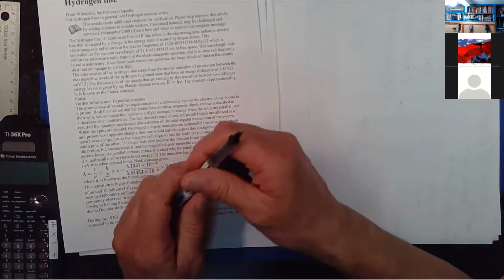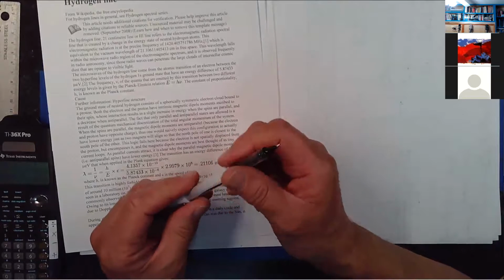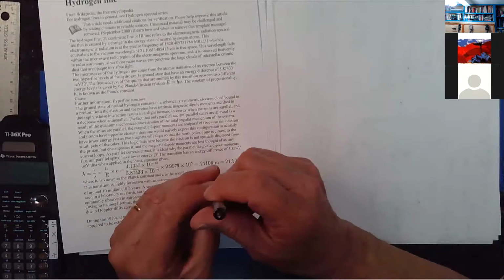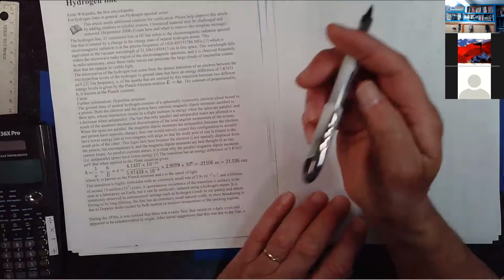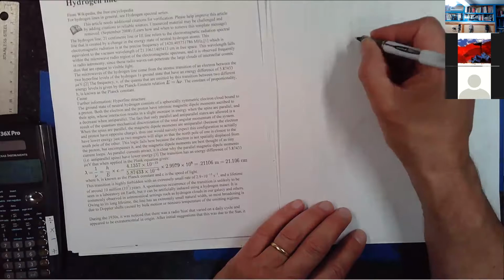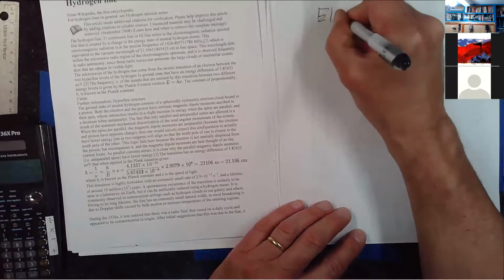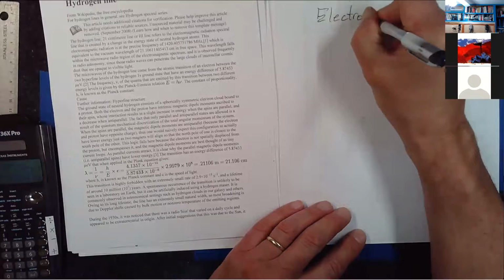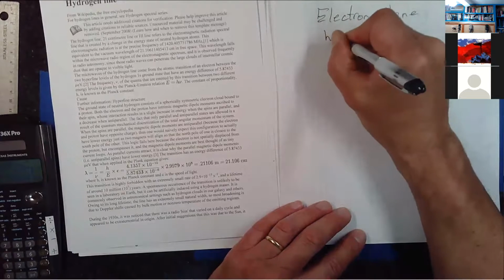That one is called the, let's see, I can't remember the term for it right now. But anyway, the electron by itself has a magnetic moment.